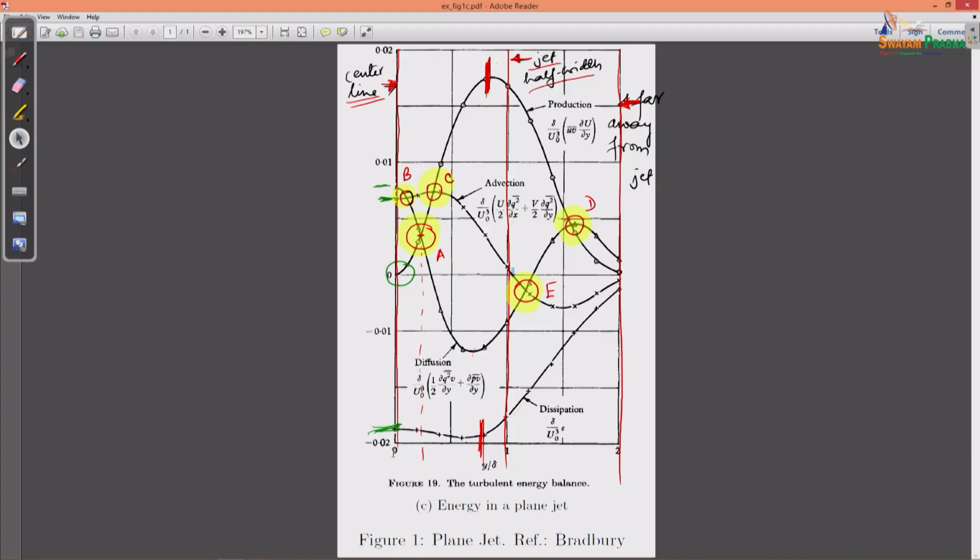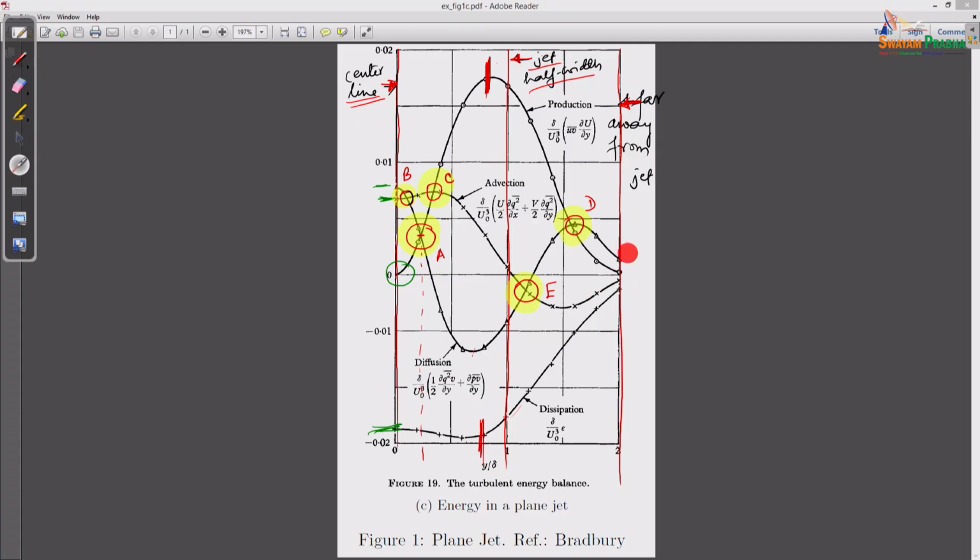And at any given location away from the jet, so this is the central line, and now we are going away from the central line. We cross the jet half width, and then we go away from it. At any given location here, as we move away from the center line, the energy exchange is actually happening in more ways than one.